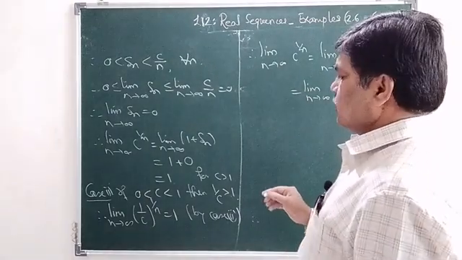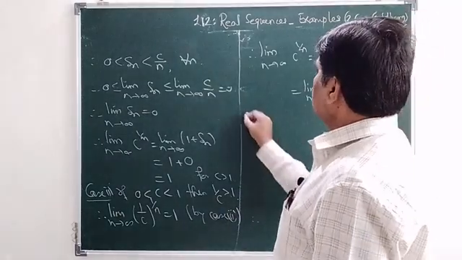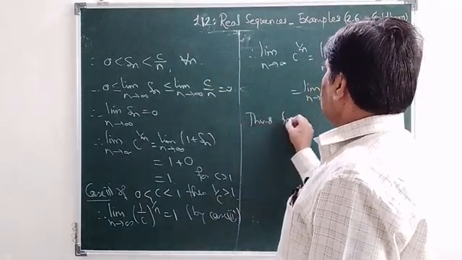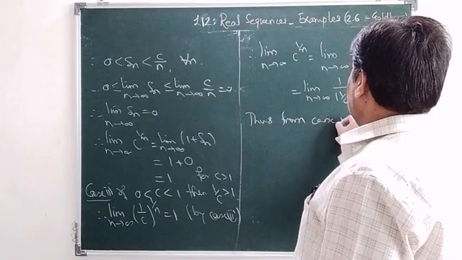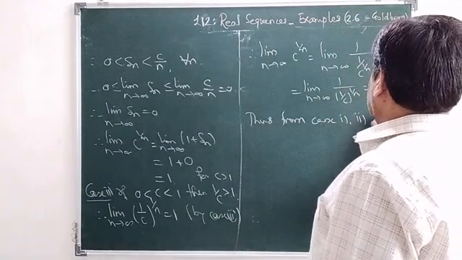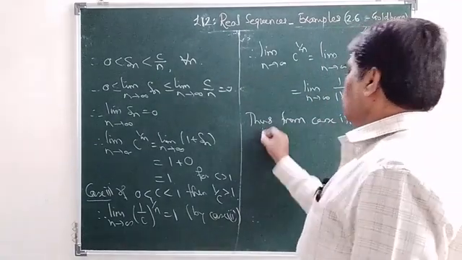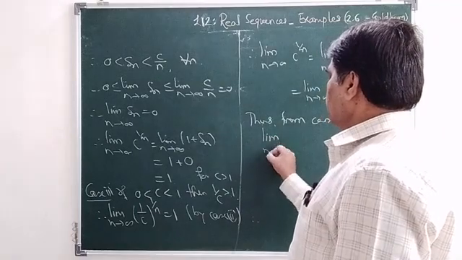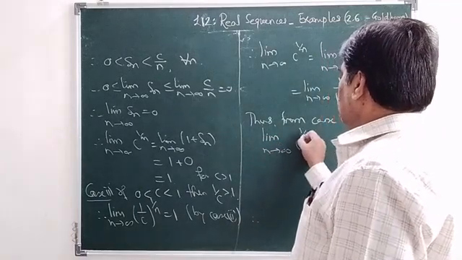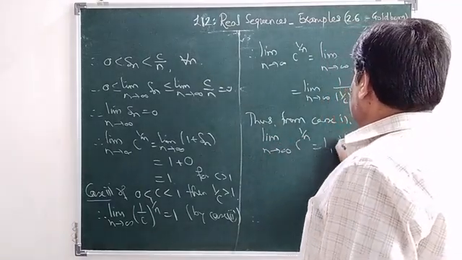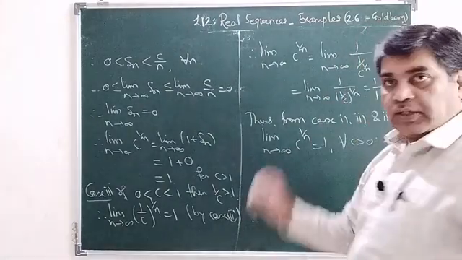Okay. So thus from cases 1, 2 and 3, the limit as n tends to infinity of c raised to 1 by n is 1 for any c greater than 0.